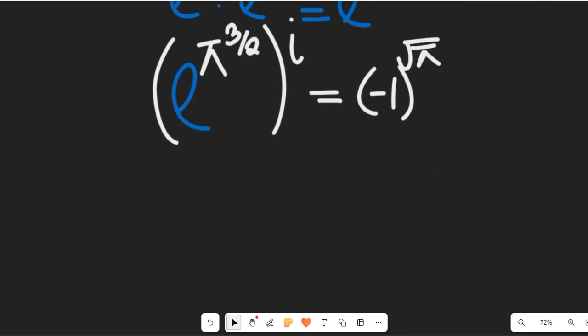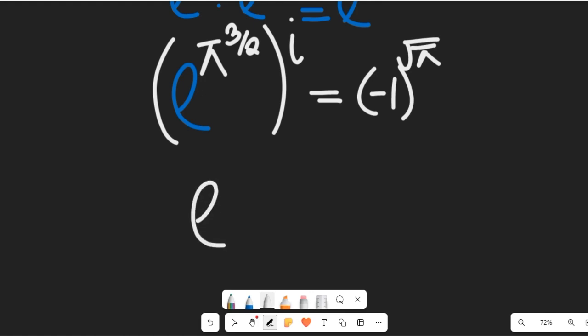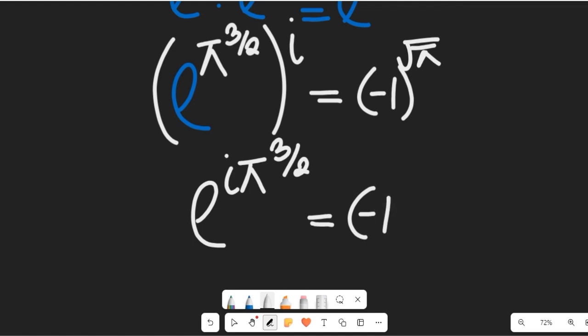Now that is that expression. Now, having gotten to this point, we can still simplify. Remember the law of indices. I can now bring this in, and this will give me the exponent value of i pi to the power of 3 divided by 2. And this is still equal to negative 1 to the power of the square root of pi.